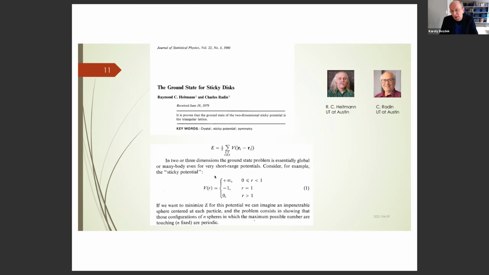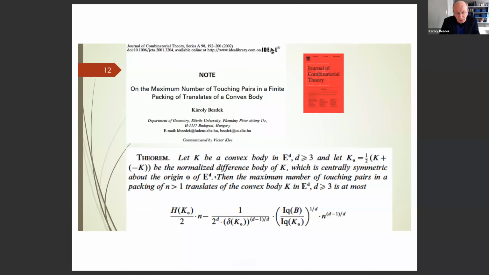So it was a happy ending story here in the plane, a complete understanding of this contact number problem, which naturally led us to the question in higher dimensions. And in this article, there is a general upper bound on the number of touching pairs of packing elements.